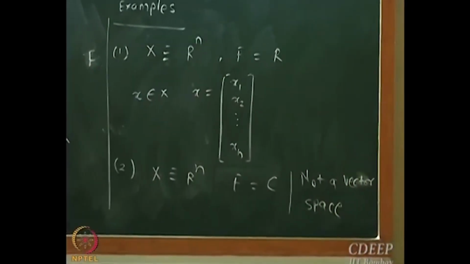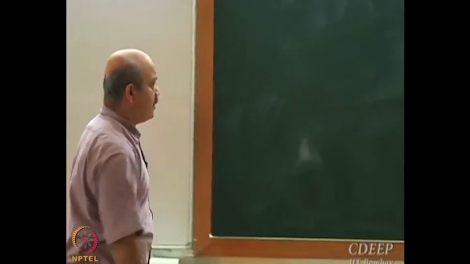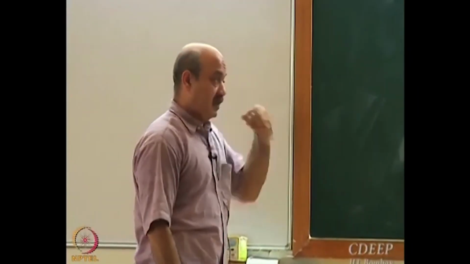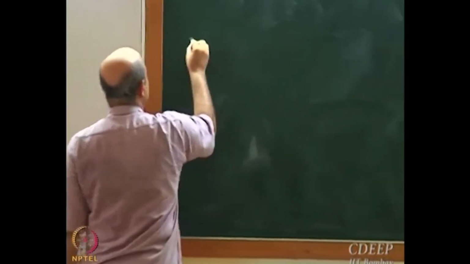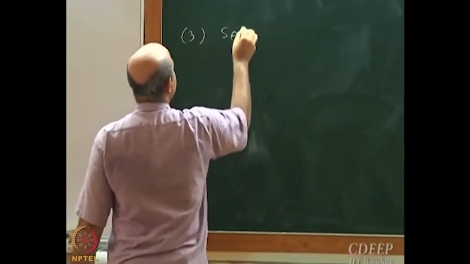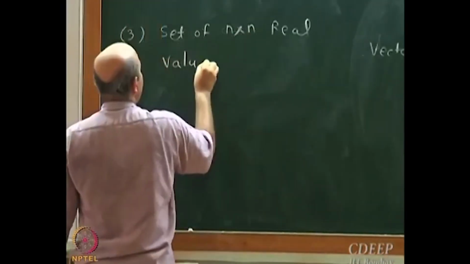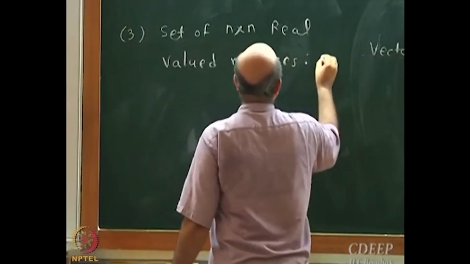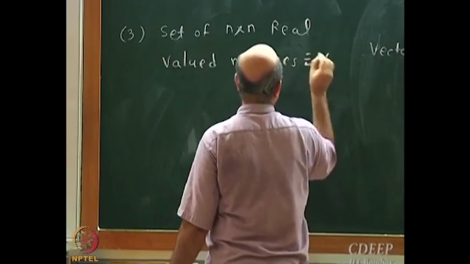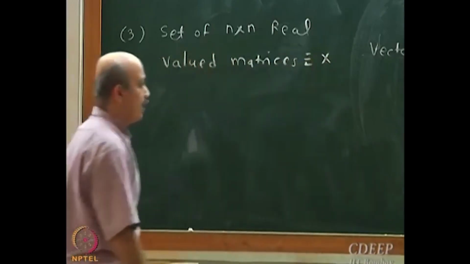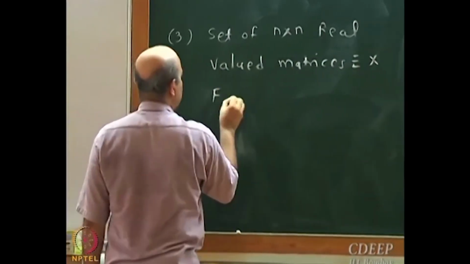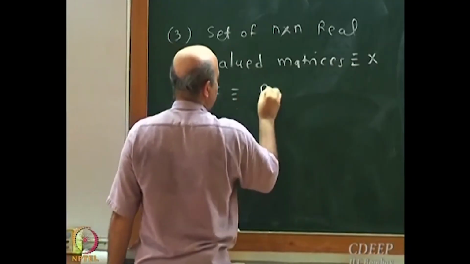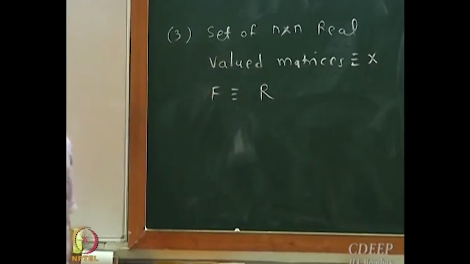Well, my next example is a little unconventional. So now I'm going to move to the set of real valued matrices. So this is my X, and my F is still the set of real numbers.